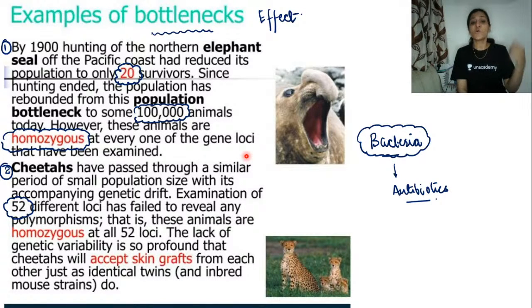The same problem cheetahs had to face because of hunting. When they were left out and there was a ban on their hunting, of 52 gene loci they were seen to be homozygous for those 52 loci. This is the example of bottleneck effect.